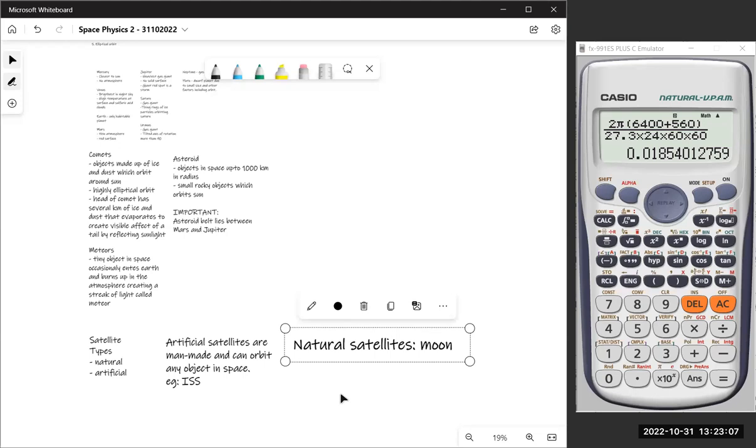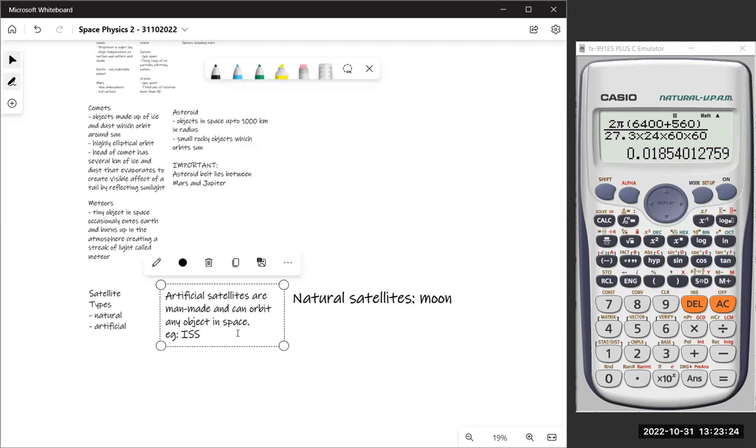Right? If there's anything else which we have to do here. Now, one main thing is that you have to look at the gravity. Before we look at that, I'll give you a few more examples of artificial satellites. ISS is one of them.